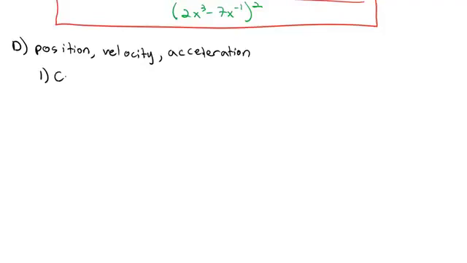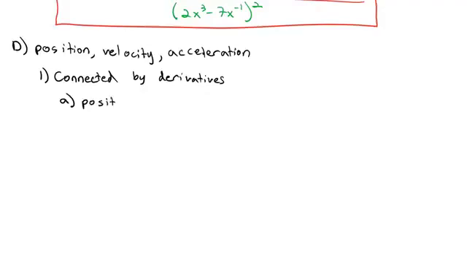All three of these things are connected by derivatives, because the derivative is the rate of change. And so the velocity describes how the position is changing. The acceleration describes how the velocity is changing. So these three variables, or functions really, we can make for each of them.